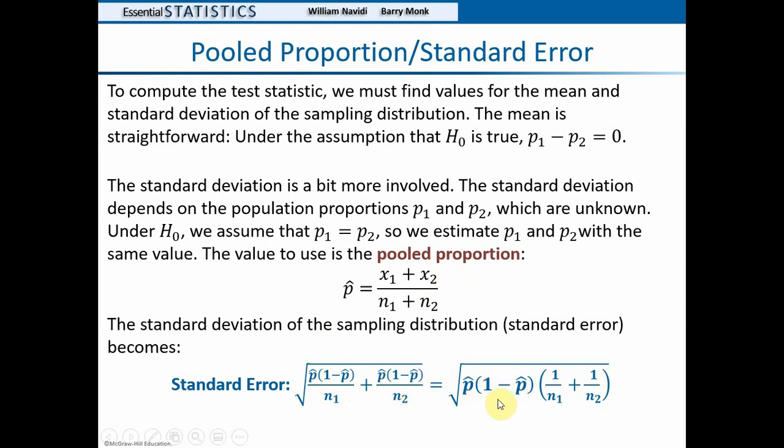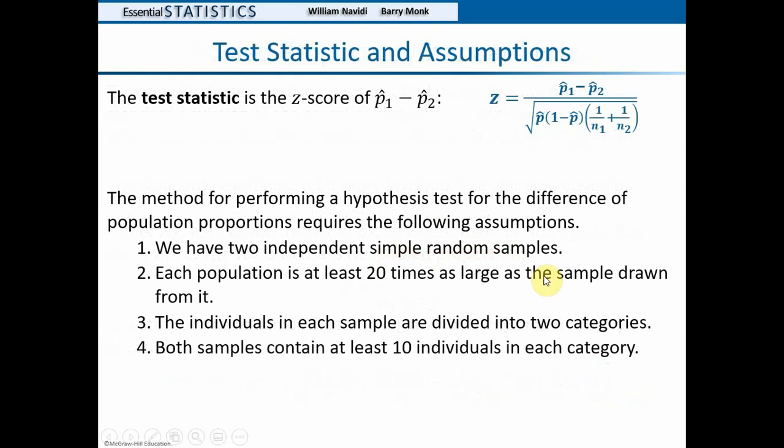This simplifies down to P hat times 1 minus P hat, looks like P hat Q hat, times (1 over N1 plus 1 over N2). So this is a pooled proportion. We're assuming that P1 and P2 are equal, and then we calculate that based on that. So that's the standard error.